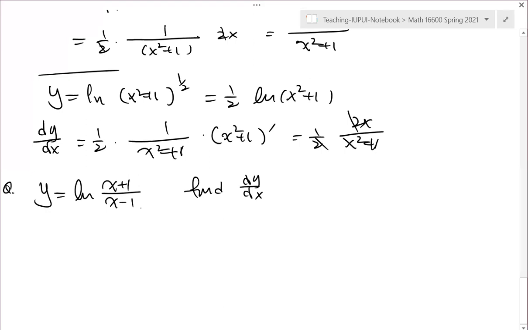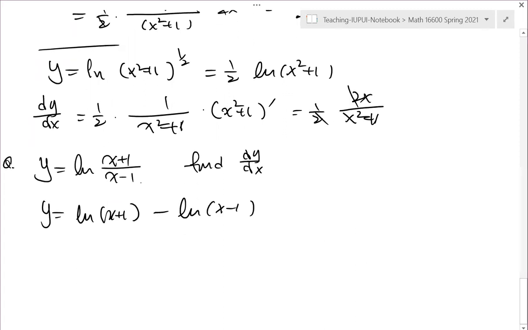Right, any idea? I hope you get the answer. So the idea here is, look, this is a fraction, right? It's not easy to differentiate a fraction. You have to use the quotient rule. So what I'm going to do is express it as a difference of two natural log functions.